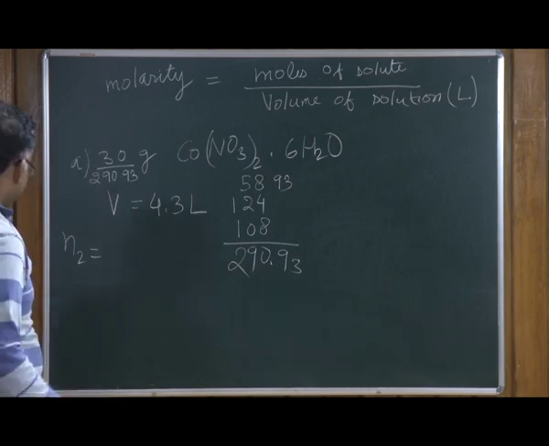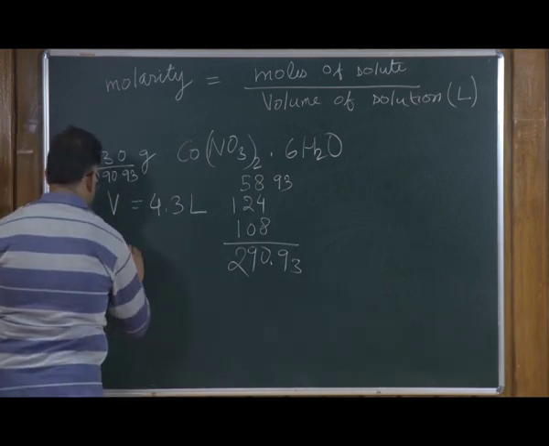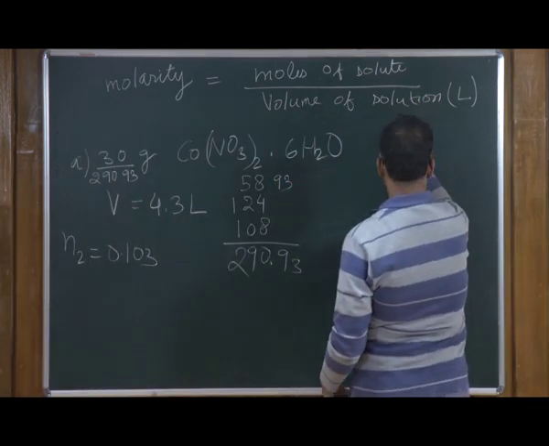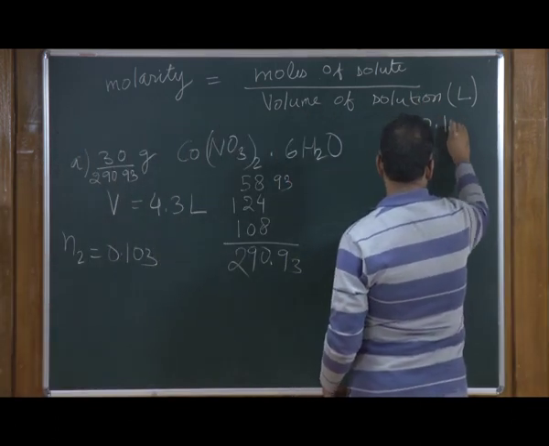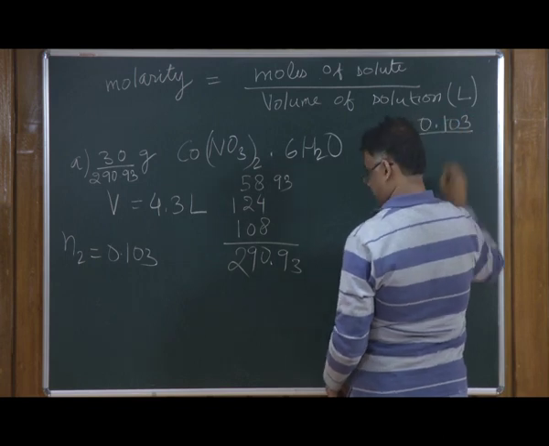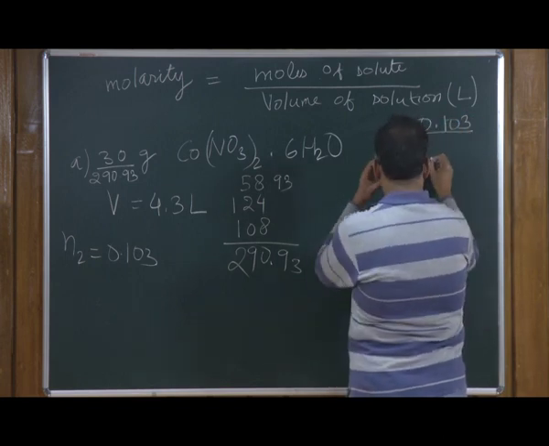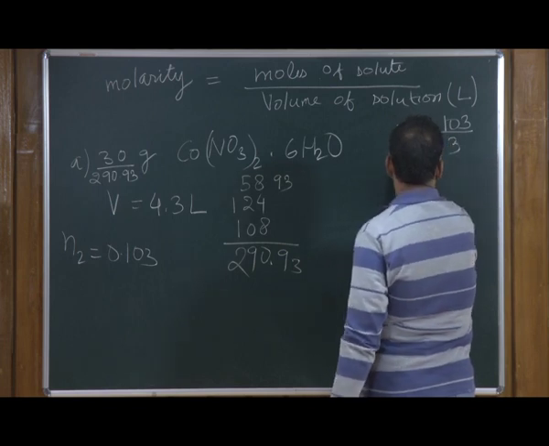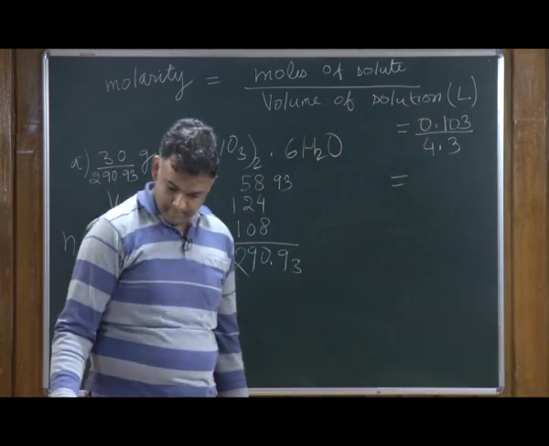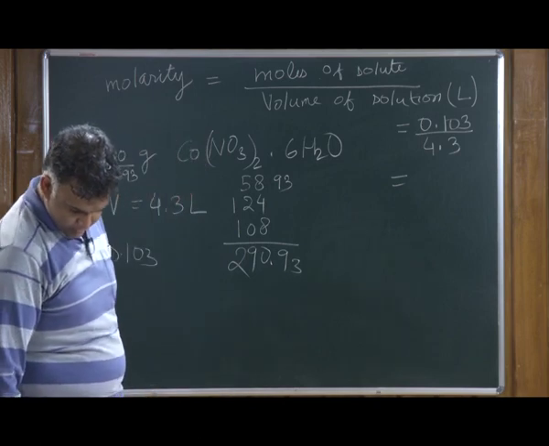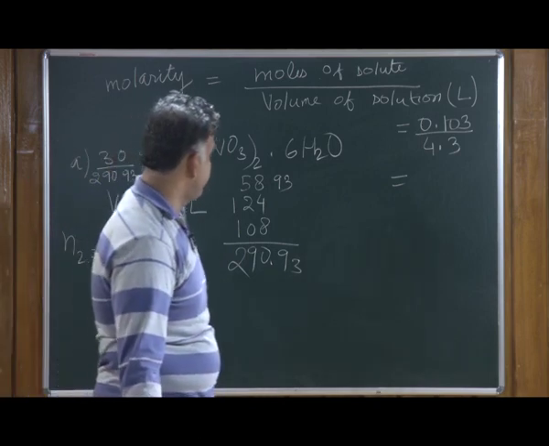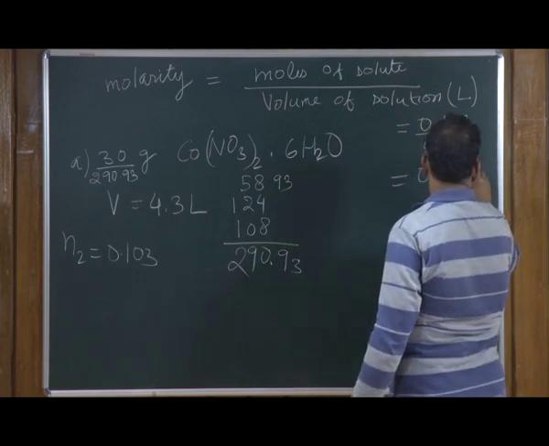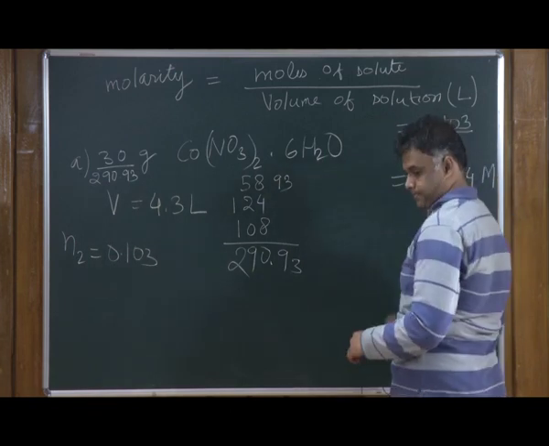So, 0.103. So, the molarity is simply going to be 0.103 divided by 4.3 in liter. So, the answer is going to be 0.024 molar solution.